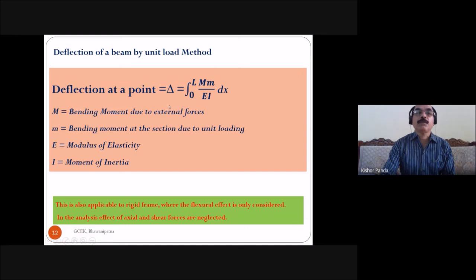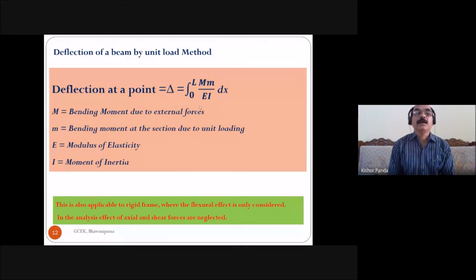So using this formula, you can find the deflection at a point of a beam. And this formula is also applicable to a rigid frame, where only the flexural effect is considered. The effects of axial and shear forces are neglected.